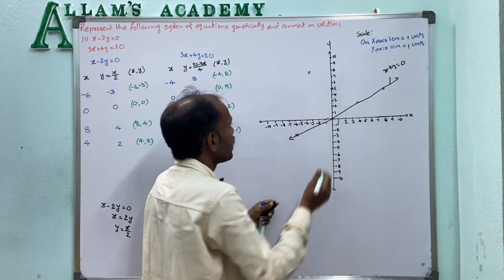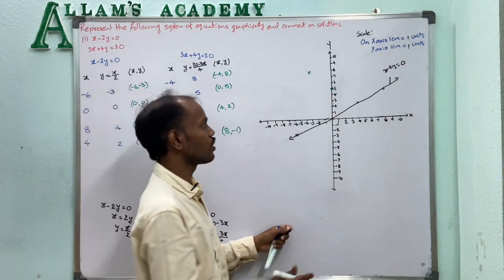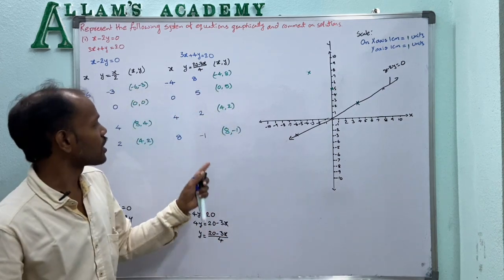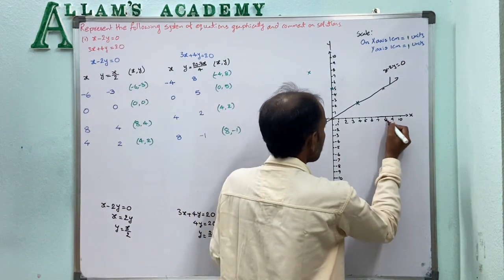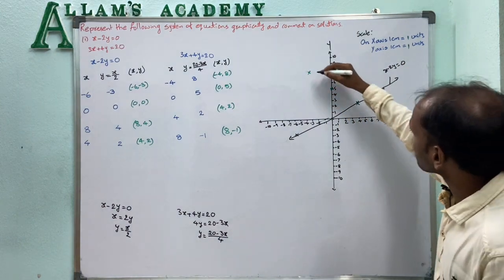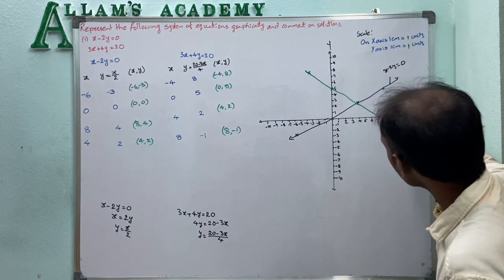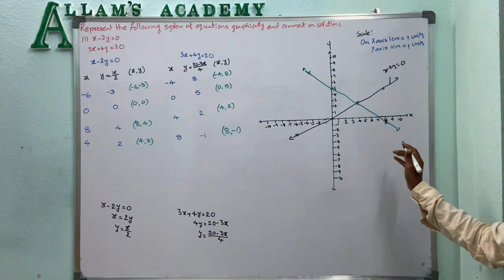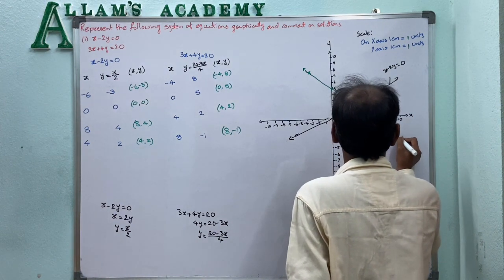If x coordinate is 4, then the corresponding y coordinate is 2. If x coordinate is 8, its corresponding y coordinate is minus 1. Now if we join all the points, here also we get a straight line. That equation is 3x plus 4y equal to 20.